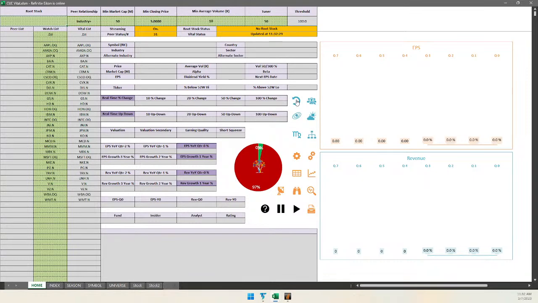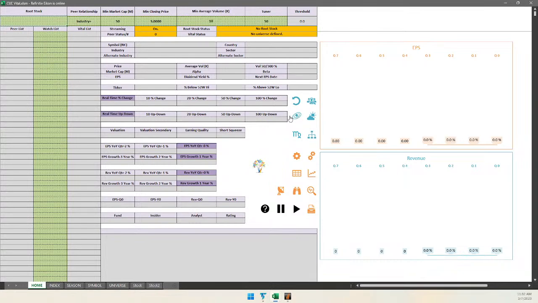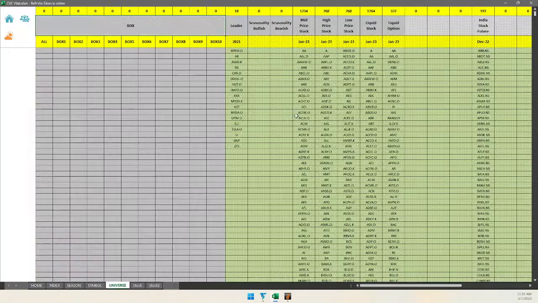In broader terms, it makes sense to use the fundamental first workflow when your trading universe is neither the S&P nor any of the indexes, but is a very personalized universe. So we have those universes saved in the universe tab, whether it is liquid options or liquid stocks. I sometimes focus only on mid-price stocks if I'm trading stocks, not high price, not low price.